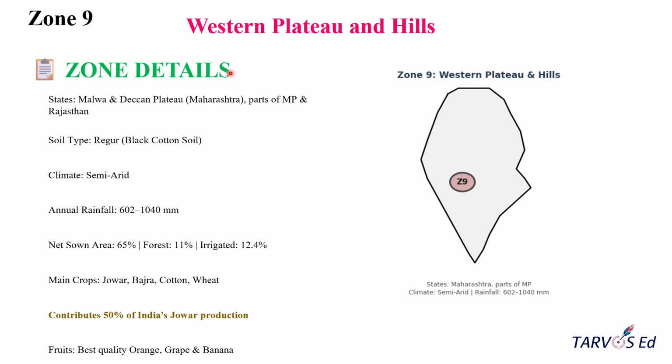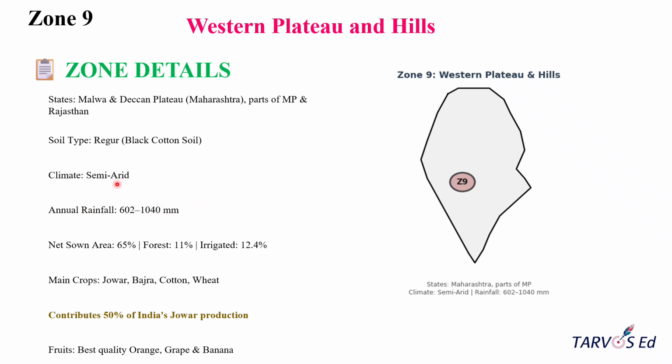And moving to zone 9, Western Plateau and Hills. This basically covers the Malwa and Deccan Plateau in Maharashtra, along with parts of Madhya Pradesh and Rajasthan. And the climate here is semi-arid with a rainfall between 602 to 1040 mm annually.